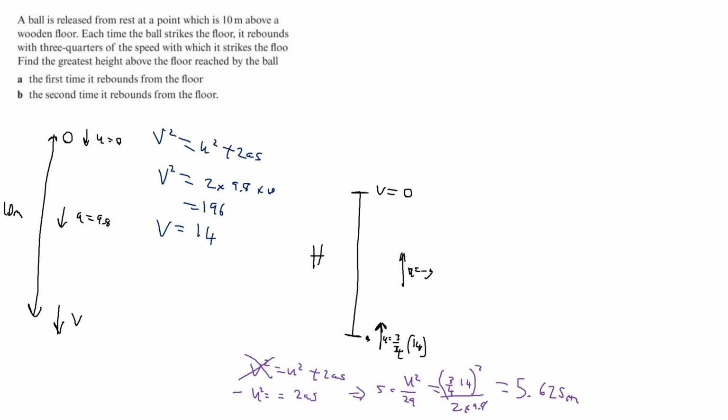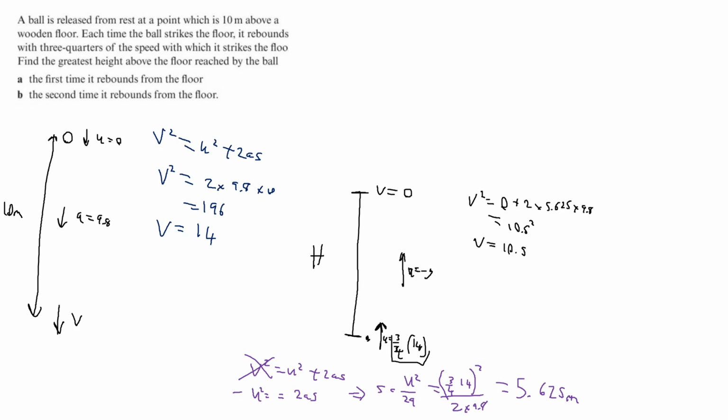It should still be 3 over 4 times 14, but let's double check. v squared is going to be 0 plus 2 times 5.625 times 9.8, which is equal to 10.5 squared. So v equals 10.5. Which just so happens to be that.